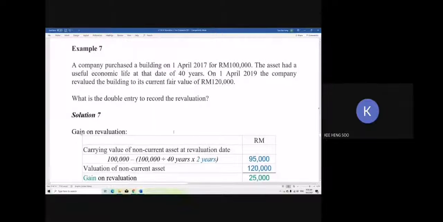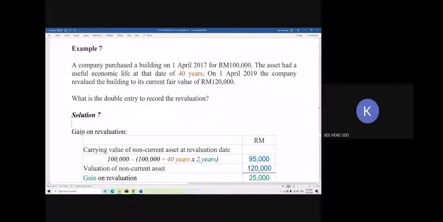You purchase a building for 100, life 40 years. You divide by 40 years. 2017, 18, 19, 30th March, 31st March. So 2 years depreciation, life is 40 years, so 2 years depreciation will be 5,000.